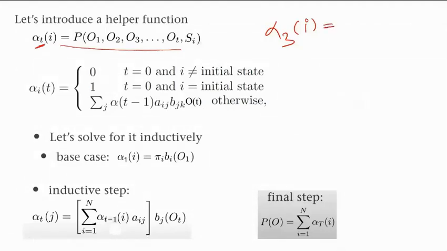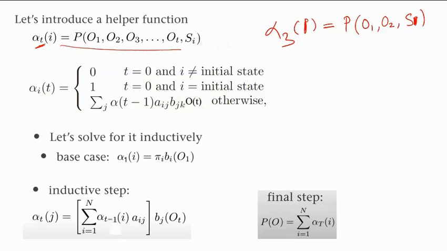So this alpha is the probability that I observe symbol O1, symbol O2, and am in state Si.